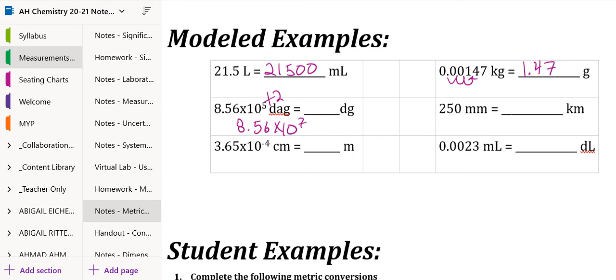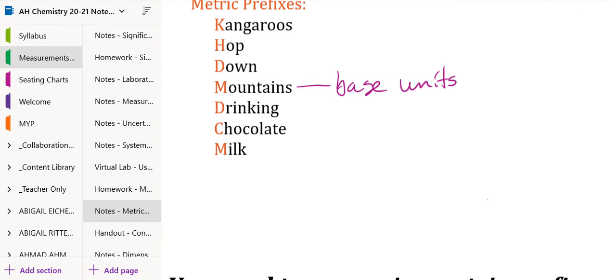The next one, we've got millimeters to kilometers. So am I going from smaller to bigger or bigger to smaller? So I'm going to divide by 10. How many times? Six. 1, 2, 3, 4, 5, 6. Yep.